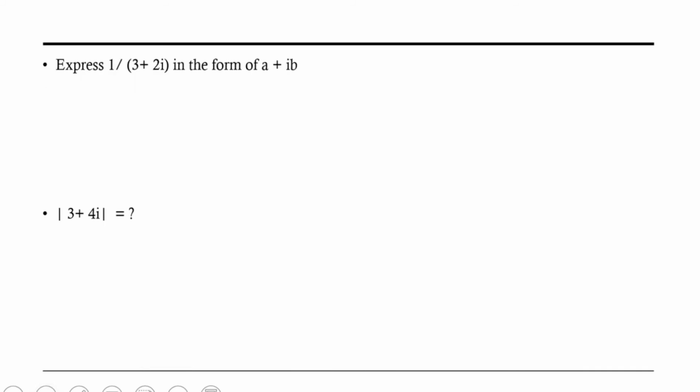Here we have a few examples where we can use the conjugate of a complex number. So here the question is: express 1 by 3 plus 2i in the form of a plus ib. As I already mentioned, the use of the conjugate is to obtain a whole number in the denominator.